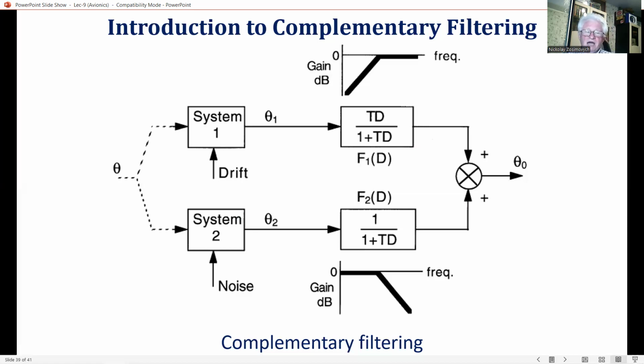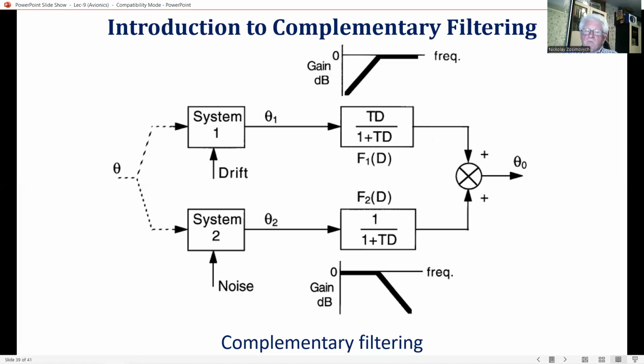It is appropriate at this point to discuss the basic principles of complementary filtering. A simple first-order mixing system is used as an example to keep the math relatively simple.